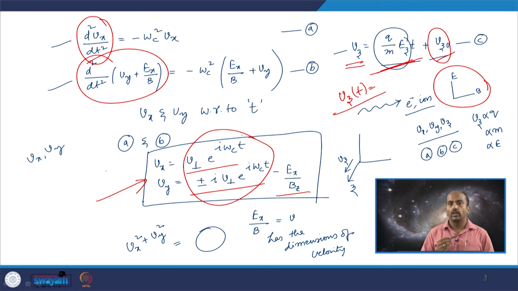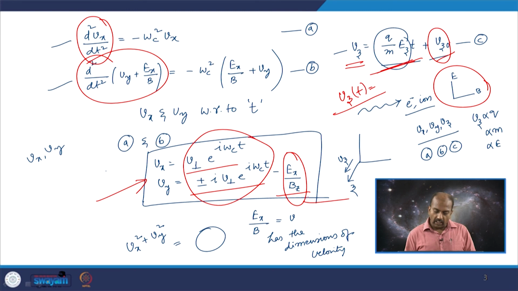That means, the circular Larmor precession of the particle is preserved. In addition to this, you have another term which is also velocity, by the way, right. So, E by B is a velocity. So, that is still the velocity. Now, in order to obtain the explicit nature of this second term, we go back to the original equation we started from.